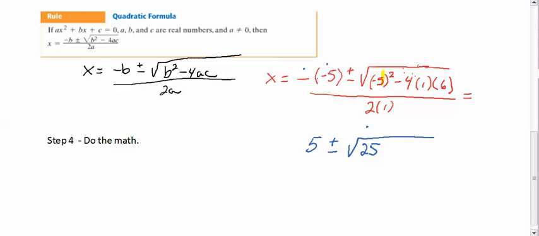Then I go back, and I'm at this point right here now. Negative 4. Actually, I'll do a different color. The next part is negative 4 times 1 is negative 4. And now I still have 6. It's still all over 2 times 1 is 2.